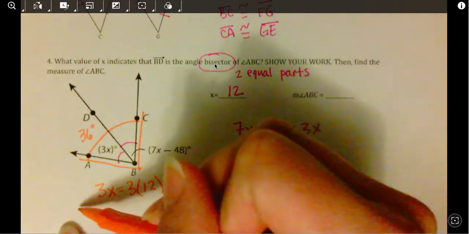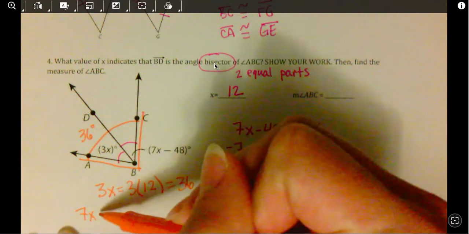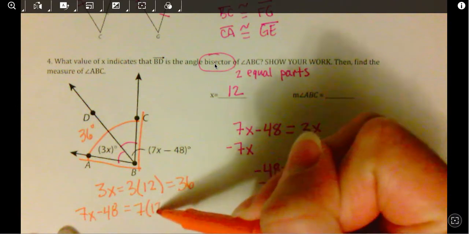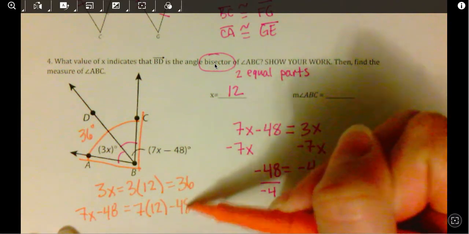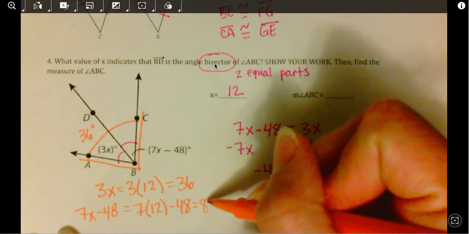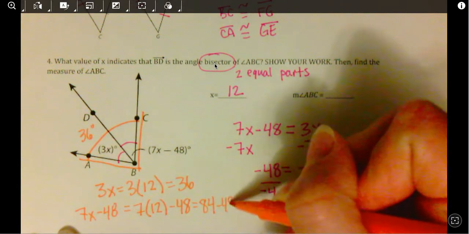And if you wanted to check, 7x minus 48 would be 7 times 12 minus 48. Yes, that's me getting out a calculator. 84 minus 48.